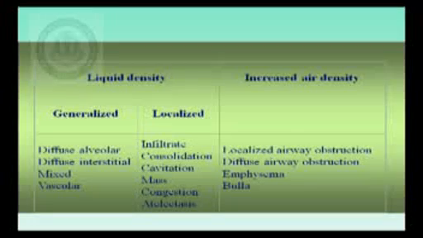Now, in pathologies, this density gets altered. As you know, when you have a generalized liquid density all over the lung field, which should contain air totally, you talk in terms of diffuse alveolar disease, or diffuse interstitial lung disease, or it can be a pathology which is affecting both the interstitium as well as alveoli, as in a case of consolidation, or it can be a vascular shadow like that of an AV malformation and things like that.